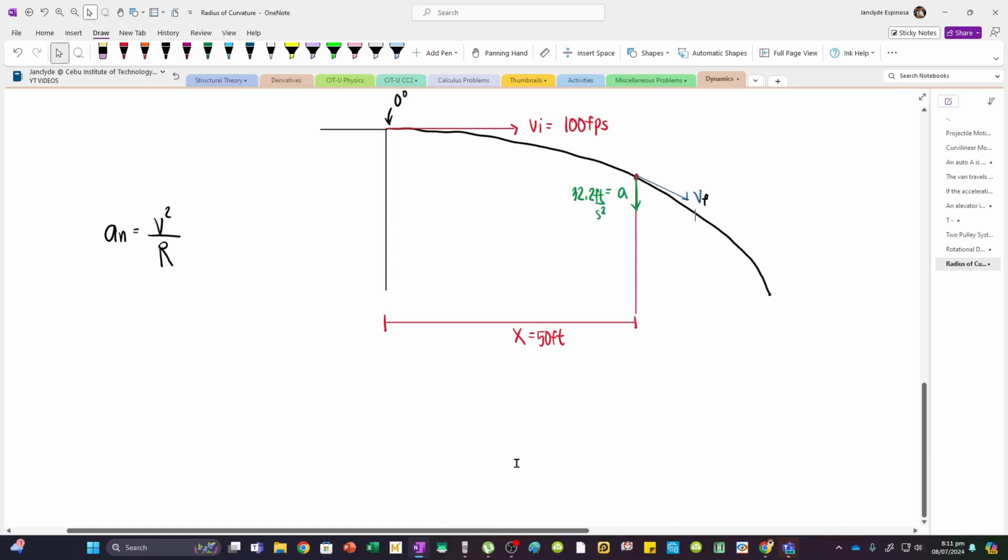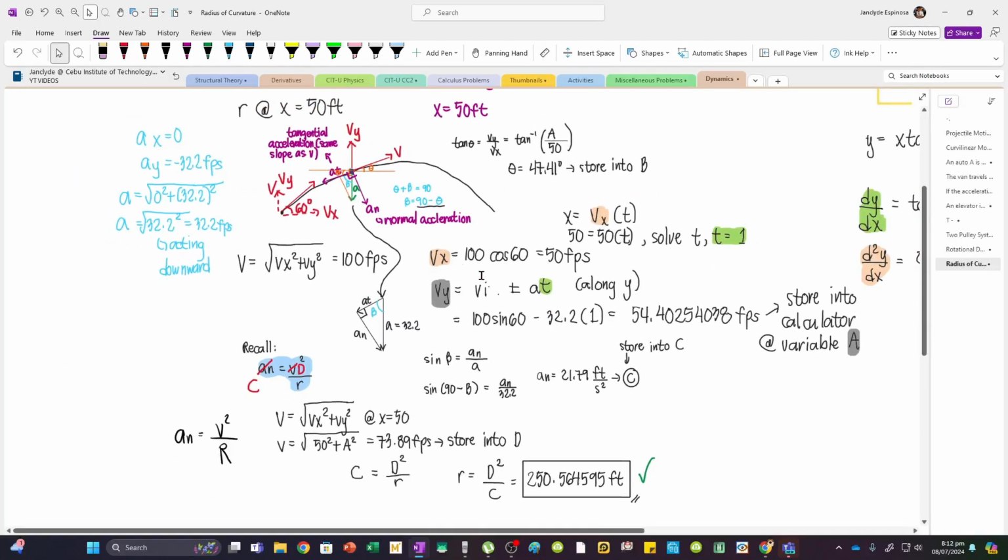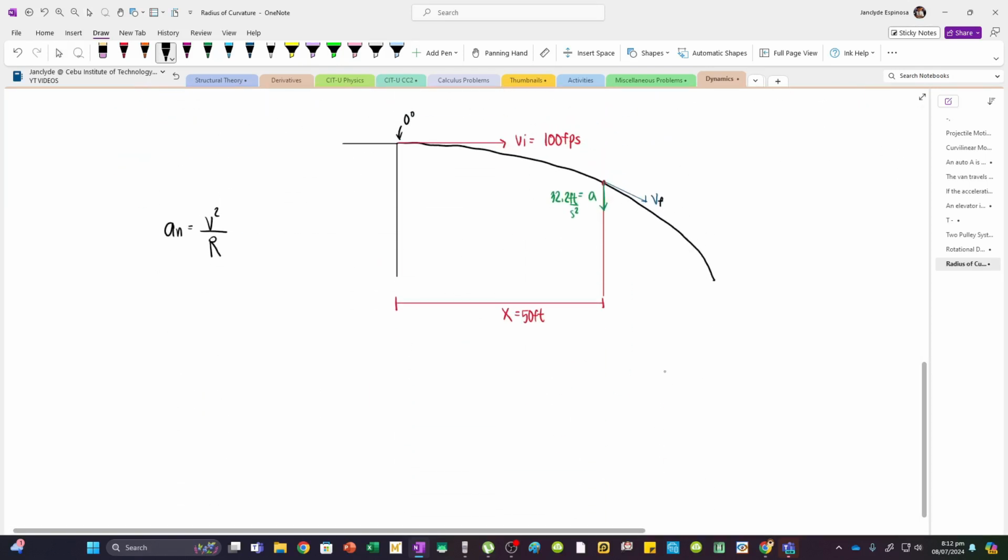Now we can solve the final velocity along y and also along x. So we can use this formula. Now for Vx, we're gonna use cosine 0. So Vx equals 100 cosine 0.